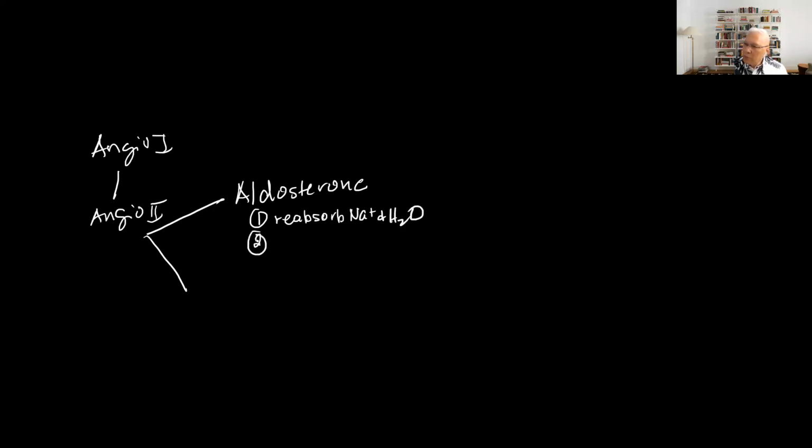And number two, it excretes potassium. And the other one is vasoconstriction. So if you block angiotensin 2, you're going to eliminate water, you're going to reabsorb potassium, and you're going to have vasodilation. Okay? So remember these actions of aldosterone.